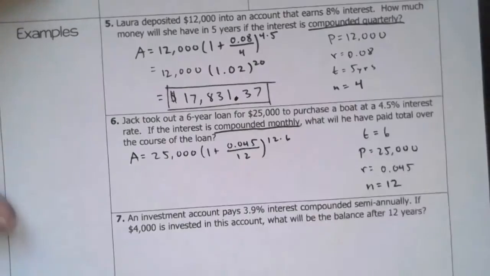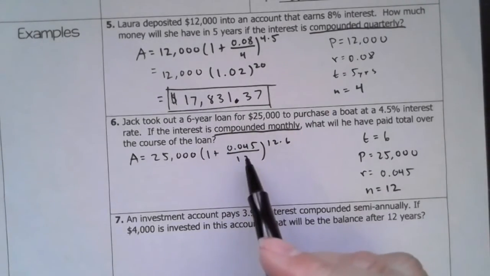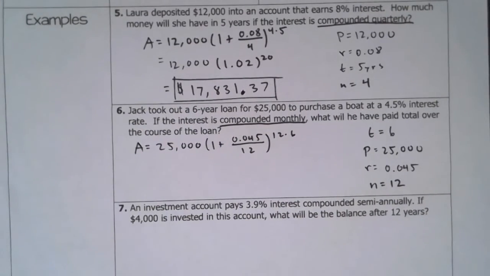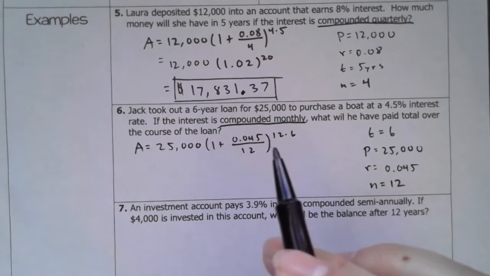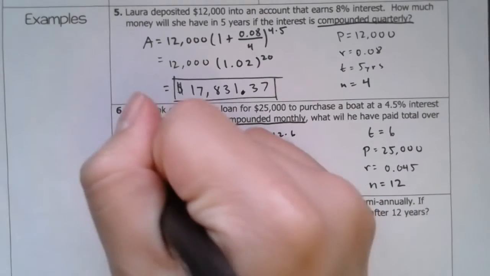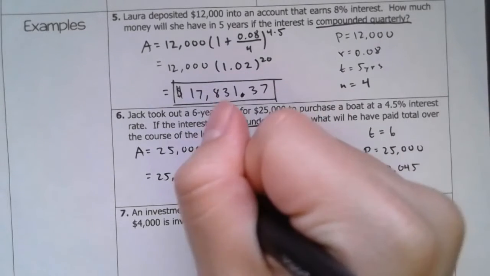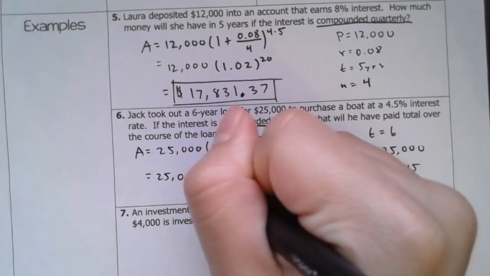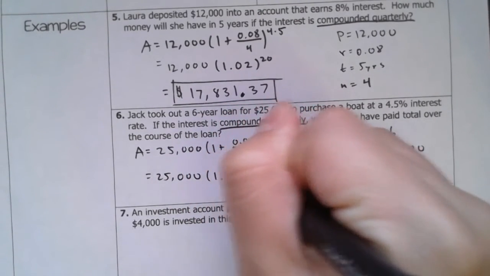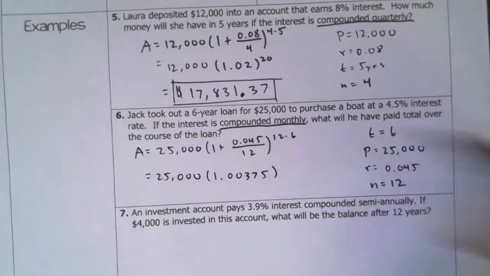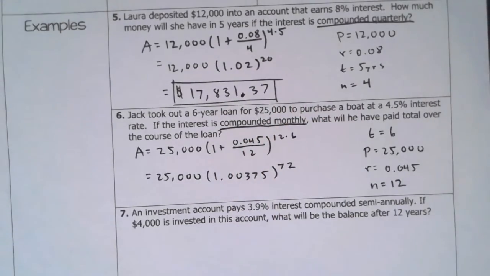Let's clean it up. If you do 0.045 over 12 in your calculator, you're going to get 0.00375. So 1 plus 0.00375, you can keep all the decimal places just for the sake of accuracy. So 1.00375, 12 times 6 is 72.